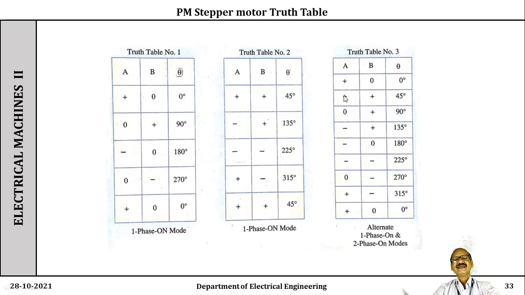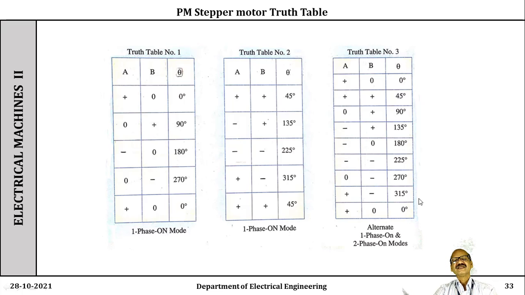Then A and B both are excited simultaneously, A plus B plus 45 degrees, then B plus 90 degrees, then A minus B plus 135 degrees, then A minus 180 degrees, then both A and B minus 225 degrees, then B minus 270 degrees, then A plus B minus 315 degrees, then once again A plus 360 degrees or 0 degrees.